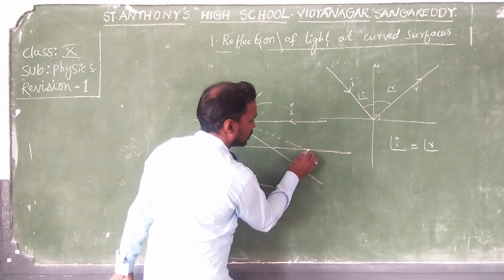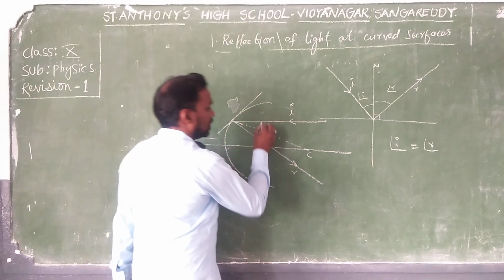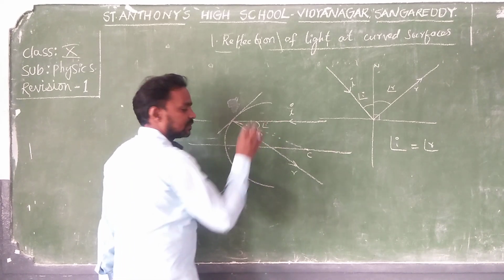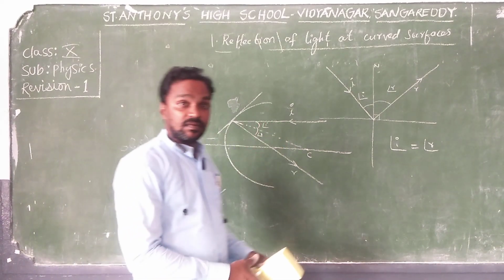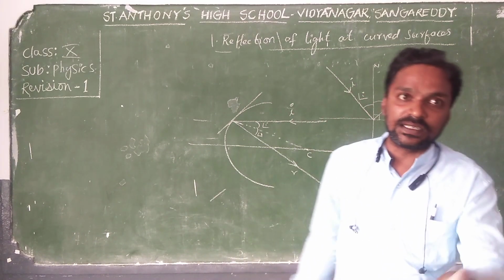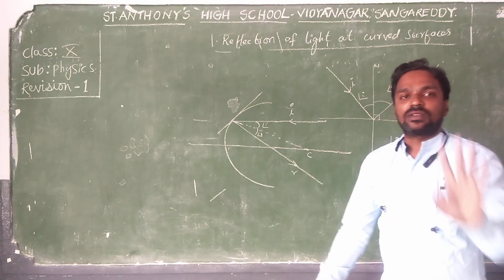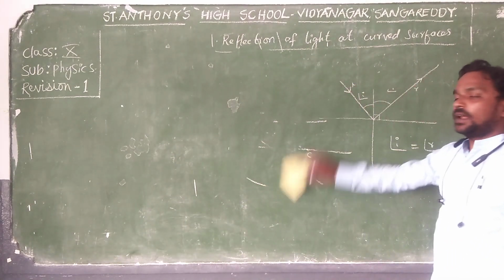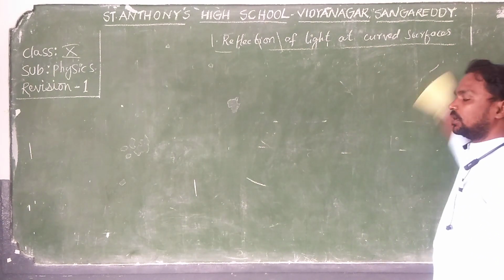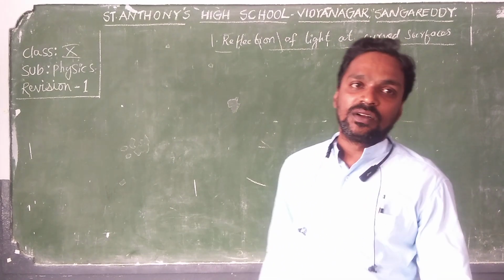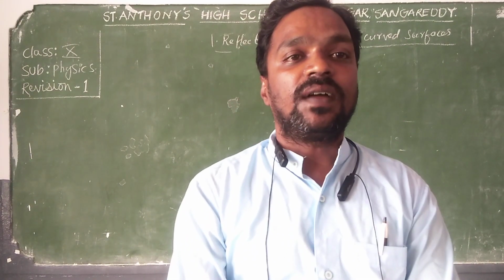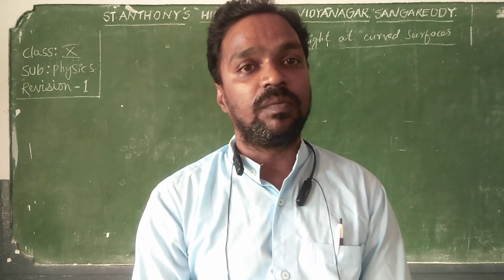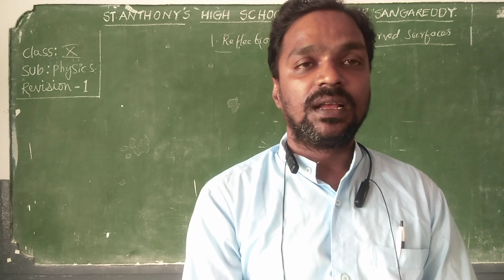All the perpendiculars come and meet, and this is C. So suppose this is the angle of incidence, and this becomes the angle of reflection. Measure the angles with the help of a protractor. Angle of incidence and angle of reflection are both the same. So in the case of spherical mirrors also, the angle of incidence and angle of reflection are the same, just like plane mirrors.